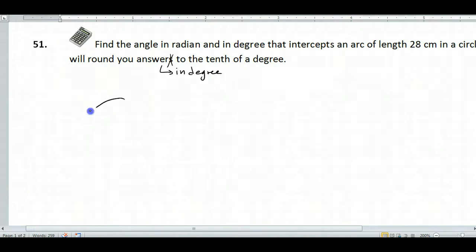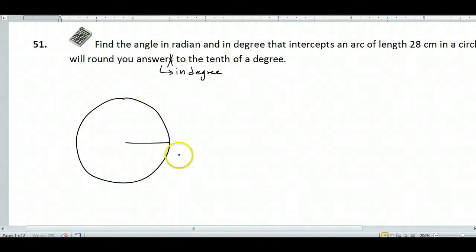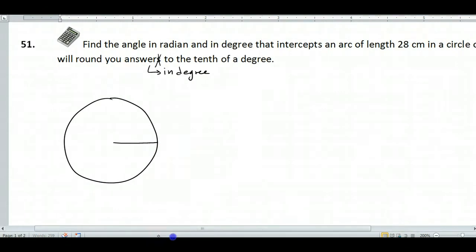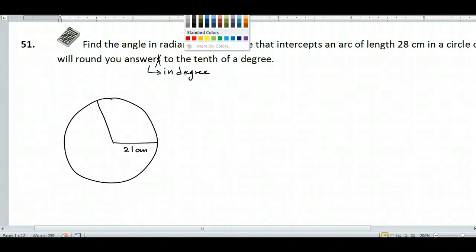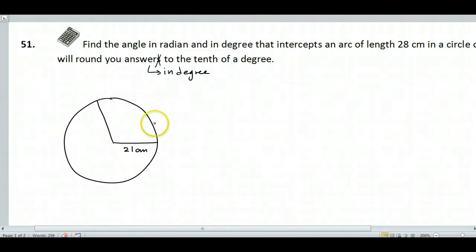So you have a circle. Its radius is 21 centimeter, and it intercepts an arc of length 28 centimeter. So I'm gonna put my arc right here.